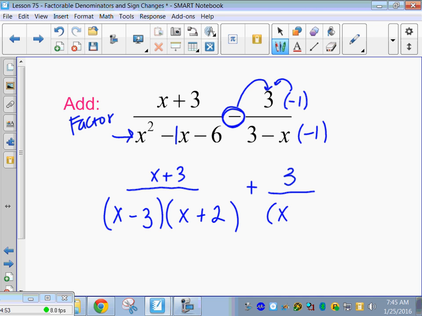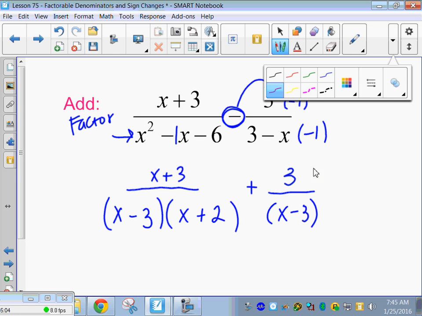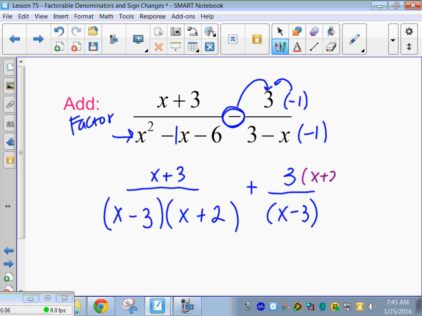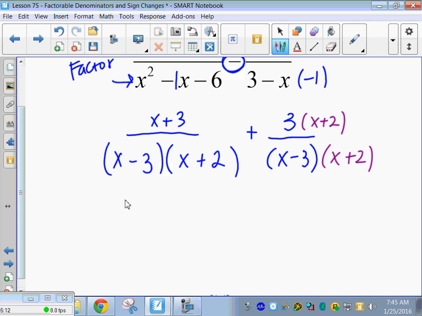And in the denominator, this switches it to x minus 3. And Jillian, what does this fraction have that this one doesn't, so we can get a common denominator? Good. So now I'm going to multiply by x plus 2 and x plus 2. So our numerator has x plus 3. Be sure you distribute whatever sign is here.